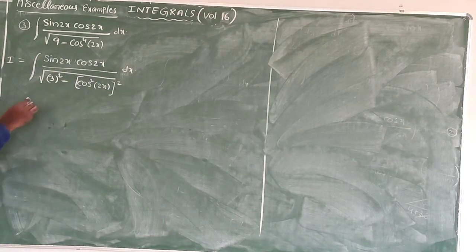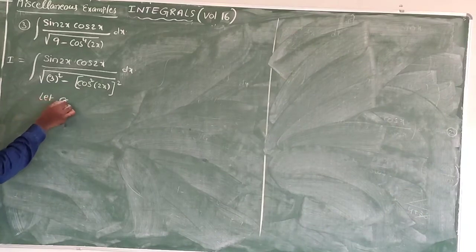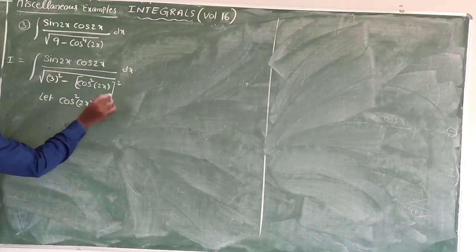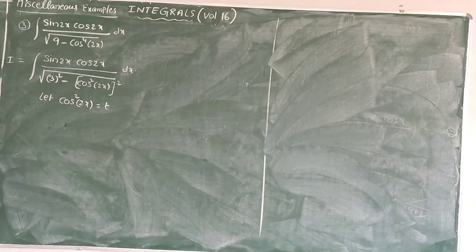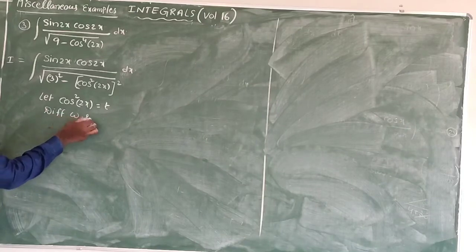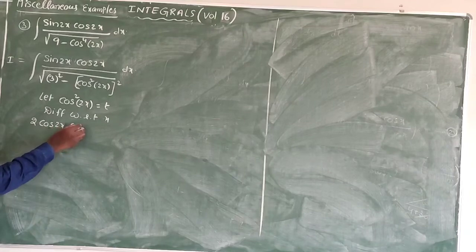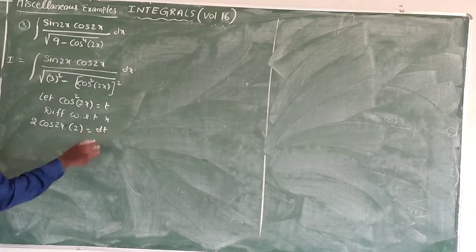Okay, let cos square 2x be equal to t. Differentiate both sides with respect to x. It is in the form of x square, derivative 2x, into inner function 2x derivative 2, that equals dt by dx. See, listen.